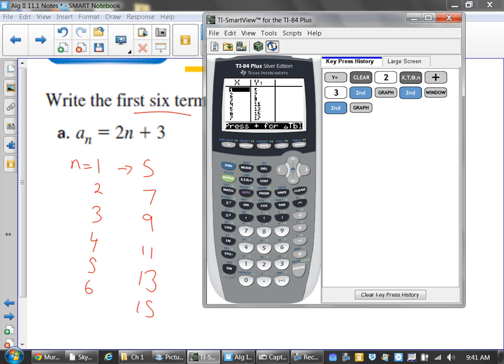Didn't work? Why not? Oh, you have to put them on auto. You want your independent and dependent to be on auto and not ask. There's reasons why we changed that, because you can actually substitute in a specific value and have it spit it out for you.